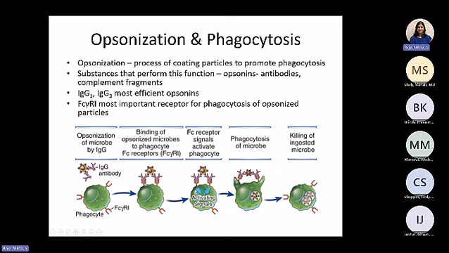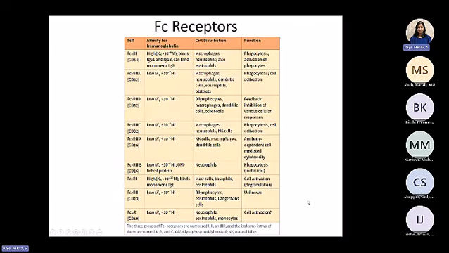Now that it's bound, the opsonized microbe that is attached to the IgG will come in contact with this phagocyte, because the Fc receptor on the surface of phagocytes can bind to these IgG antibodies. Because of that, the macrophage will get activated and it's going to form a pouch so that it can phagocytose or eat up that microbe so that it's inside the macrophage at this point. That is your opsonization and phagocytosis.